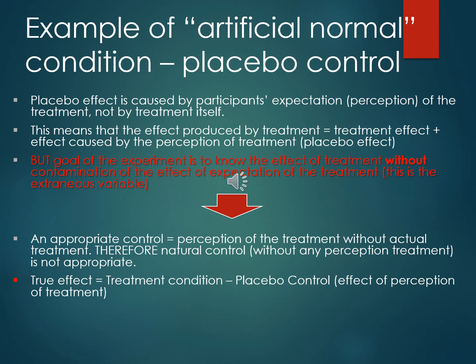What you are often interested in research is the pure effect of the medicine as a chemical, removing the expectation. So in that case, you need to set up an artificial control in which you give only the expectation of medicine without the actual chemical effect.